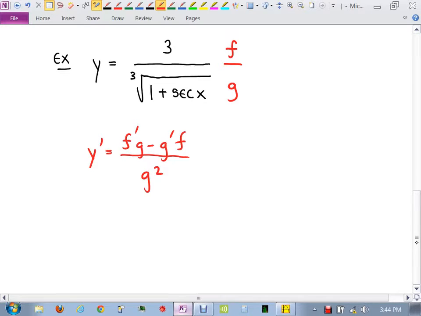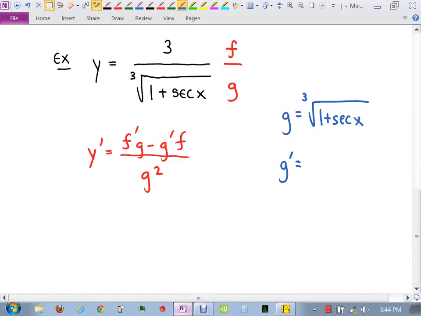Is f prime going to be a problem? What's derivative of f? 0. Okay, what about g prime? Yeah, that's going to be some work. So let's just write down what g is over here. g is the cube root of 1 plus secant x, right? I need to know what g prime is.